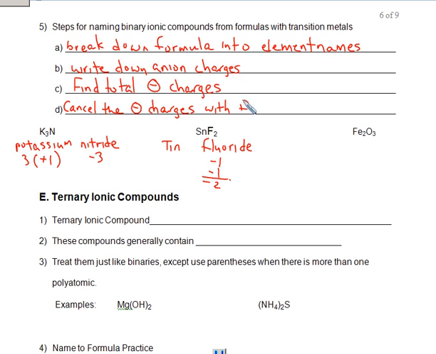So we're going to write cation as positive with positive charges to get the Roman numeral. So what we're doing is figuring out what the Roman numeral is for transition metals.